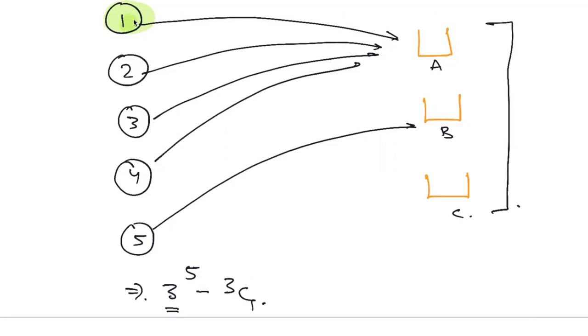In how many ways can we remove the bag? That's 3C1. Now we have 2 bags, and the balls can go in 2 to the power 5 ways. Plus, now we are removing 2 bags, 3C2. We have only 1 bag, and the balls can go in 1 to the power 5 ways.